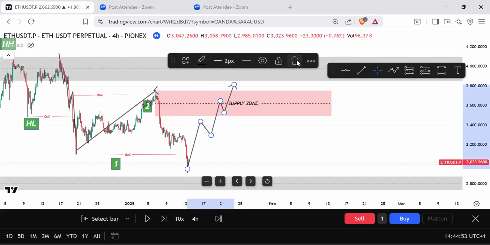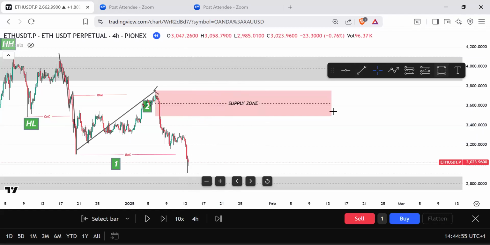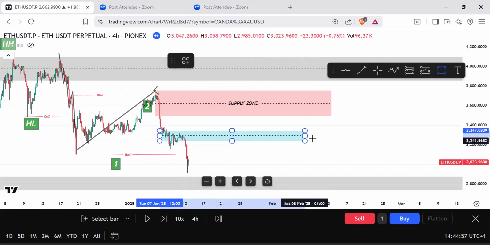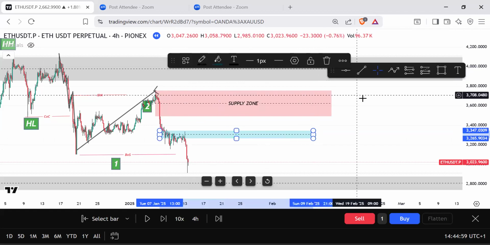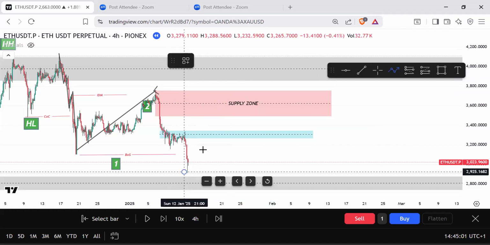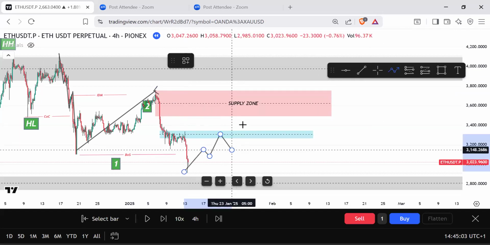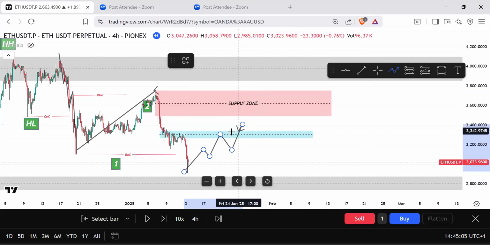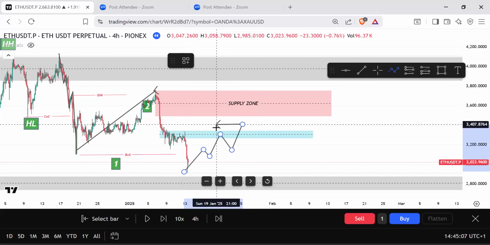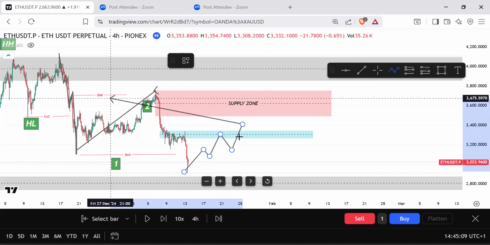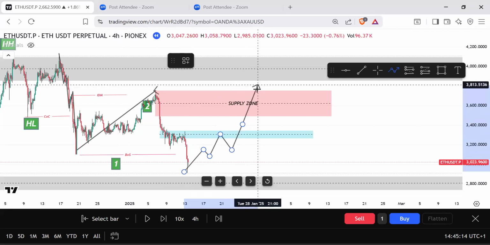Or if the fair value gap you use is somewhere here, and price does something like this, the trend is still down. So it's until price breaks above here before you know that the trend has changed.